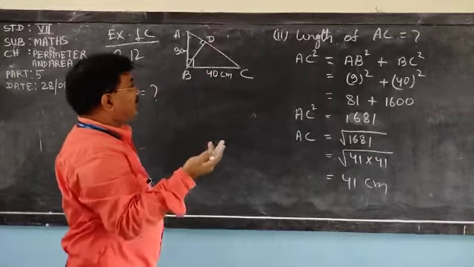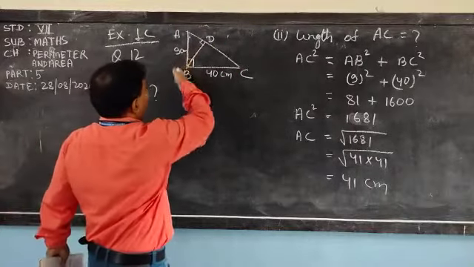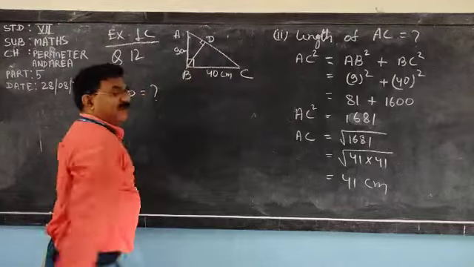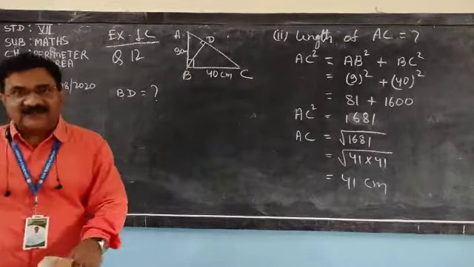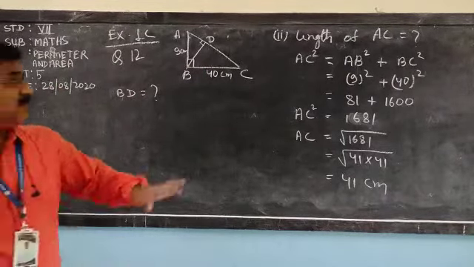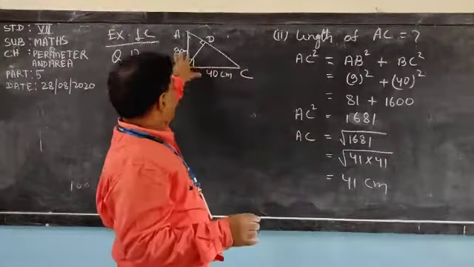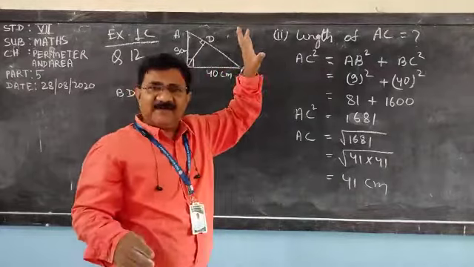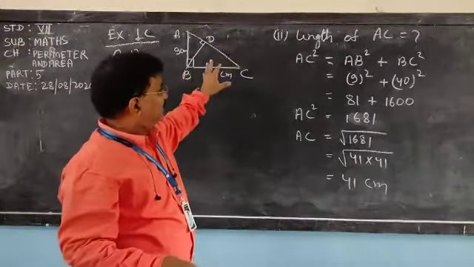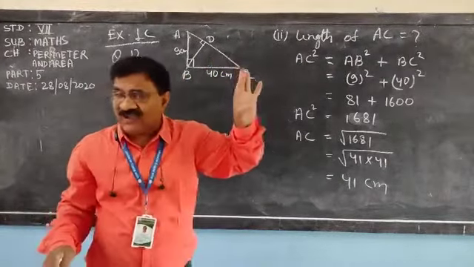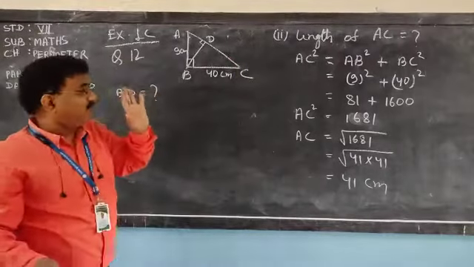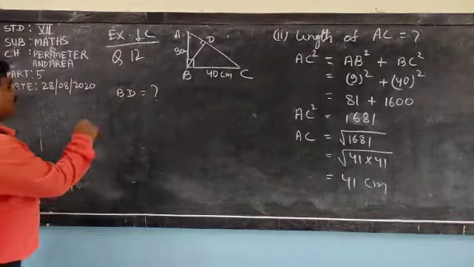Let it be the base, and BD will become the height, and the area we know. That way also we can do, because if we find the area, the area of triangle ABC will remain the same. In the first question we have already found the area of the triangle.